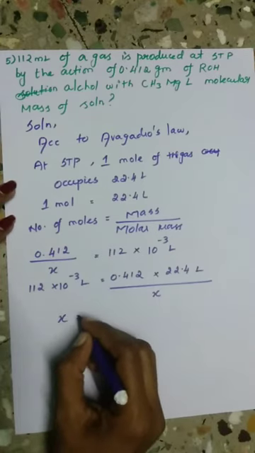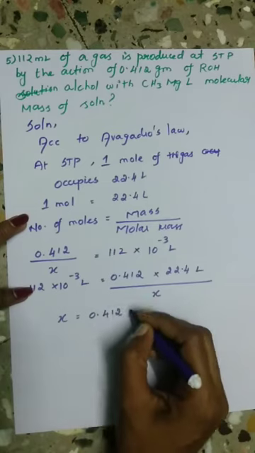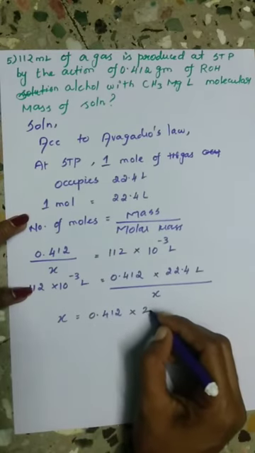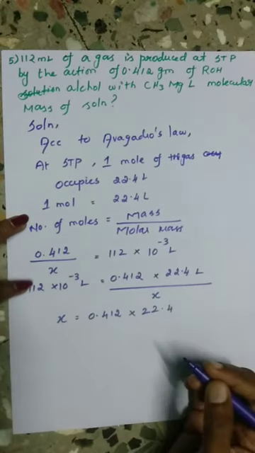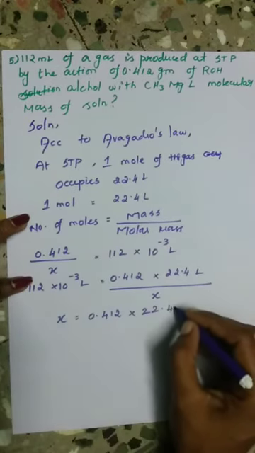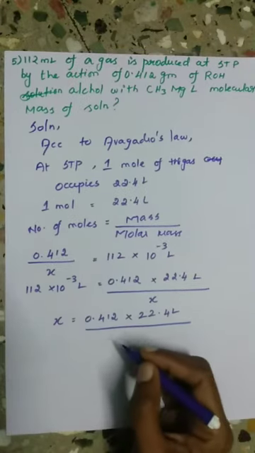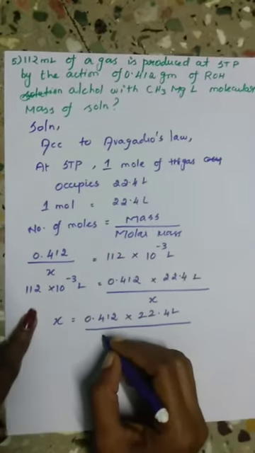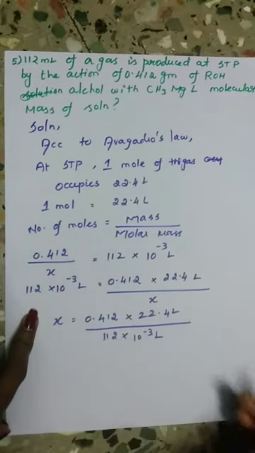So x is equal to 0.412 multiply 1 mole, that is 22.4 liter, upon 100 multiply 10 to the power of minus 3 liter.